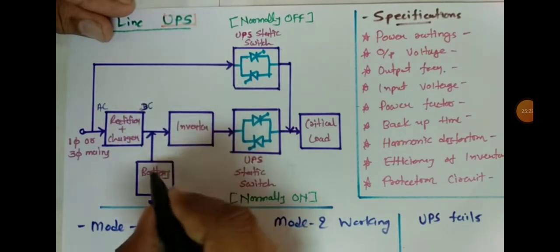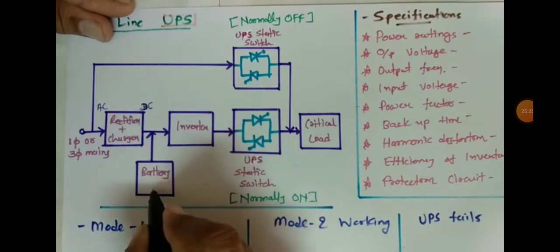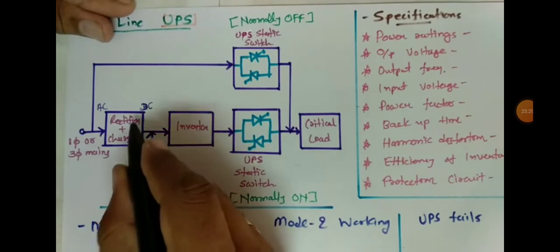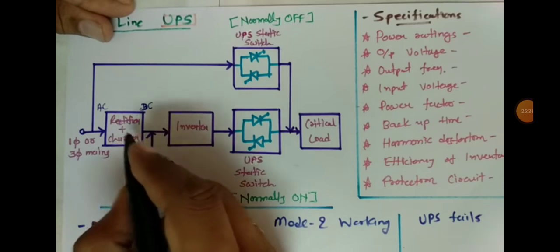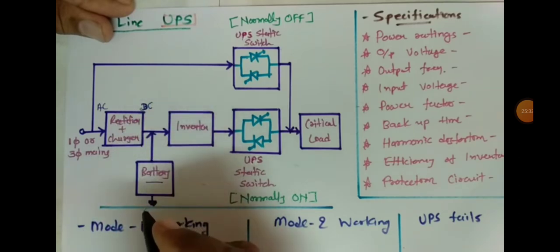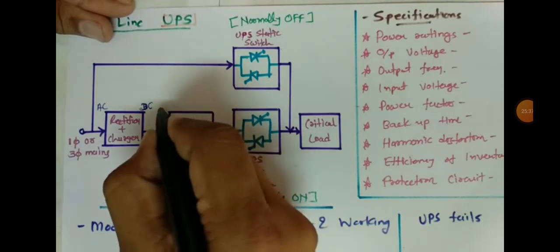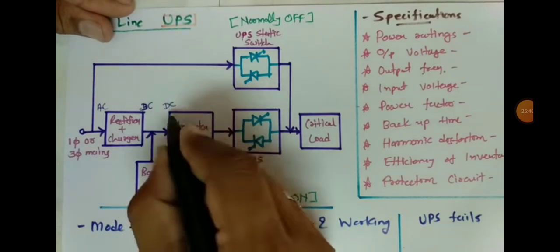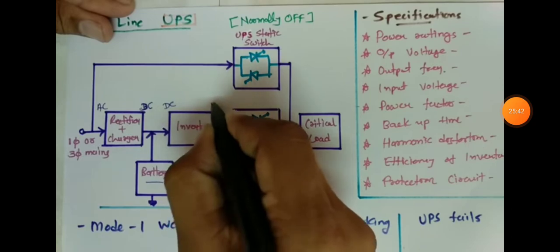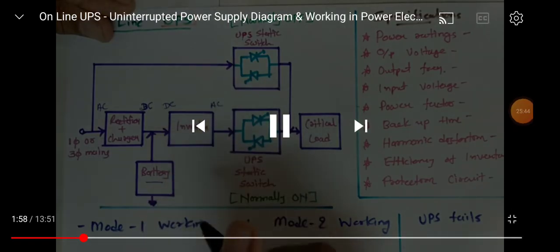Now this DC signal is utilized to charge the battery, as well as given to the inverter. The input of the inverter is DC and the inverter converts DC into AC, so the output of the inverter is AC.